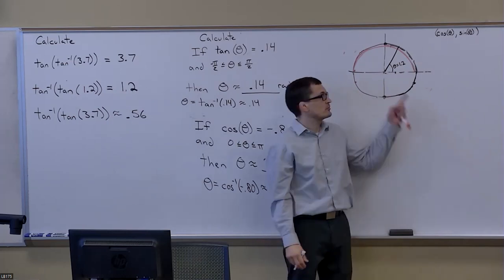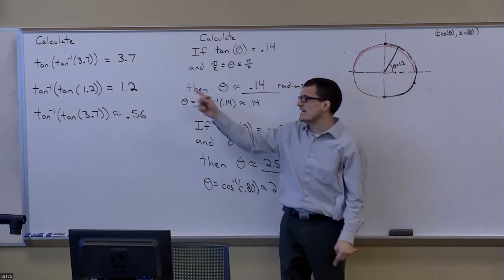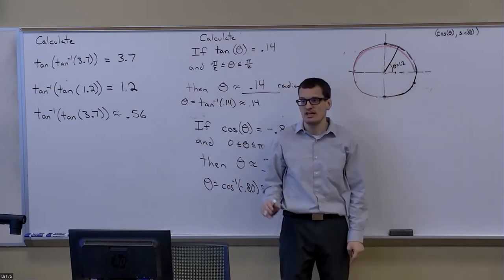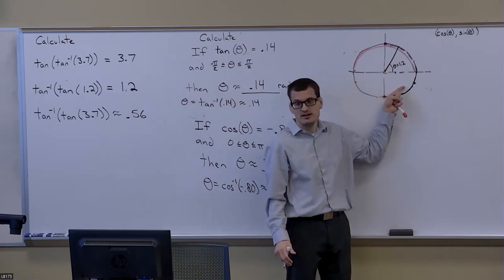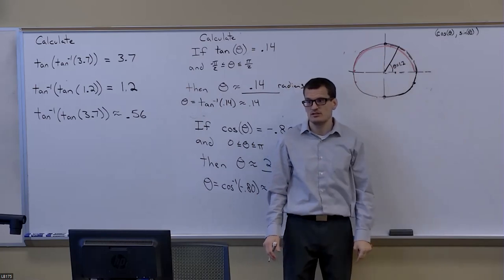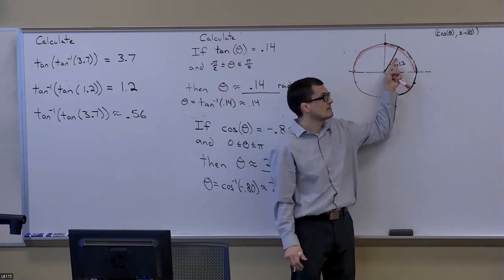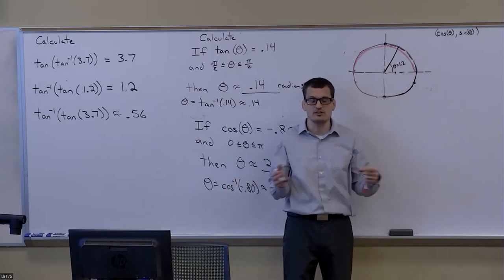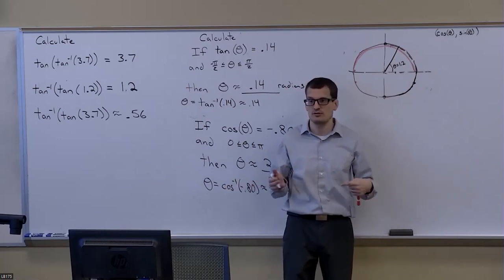So if we hit this with tangent, and then we hit this with inverse tangent, we stay in the first quadrant, because inverse tangent outputs are either in the fourth quadrant or in the first quadrant. So if we're in the first quadrant, we can hit tangent and tan inverse, and we're going to stay in the first quadrant the whole time. That makes sense?